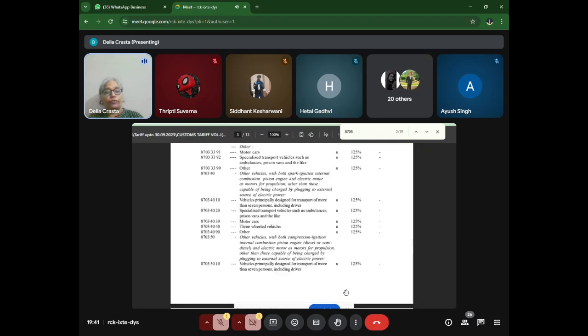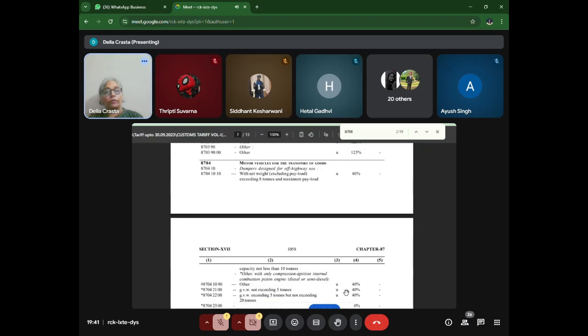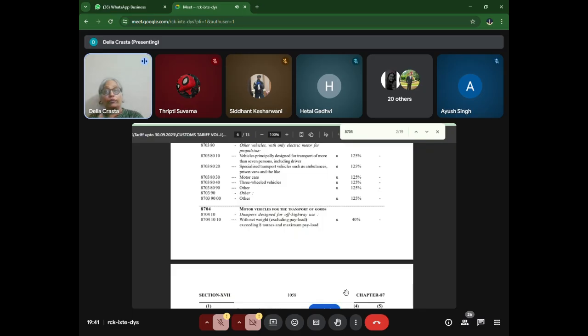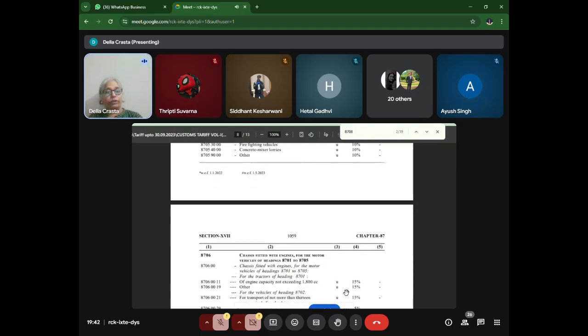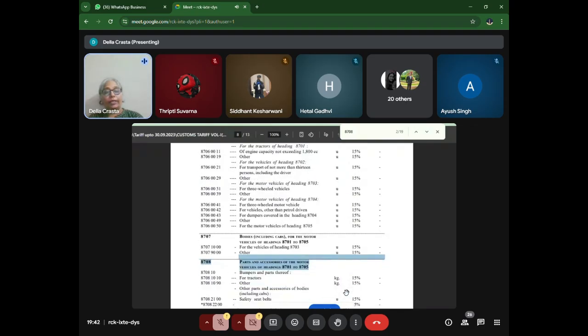Then 8704 is motor vehicles for the transport of goods. And 8705 is special purpose motor vehicles other than those principally designed for the transport of persons or goods, for example breakdown lorries, crane lorries, firefighting vehicles, concrete mixers. So we have seen what types of vehicles are there in 8701 to 8705. So motor cars are also covered. So 8708 is saying parts and accessories of all those vehicles described from 8701 to 8705.